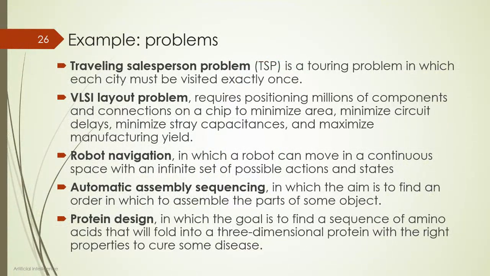And some other example problems, more practical ones, are on these lists. I'm not going into these problems, just introducing them, giving you hints on what these problems look like. One very famous problem in AI and in computational complexity is the traveling salesperson problem, TSP. Given a map similar to our Romania map, each city must be visited exactly once, not less, not more.